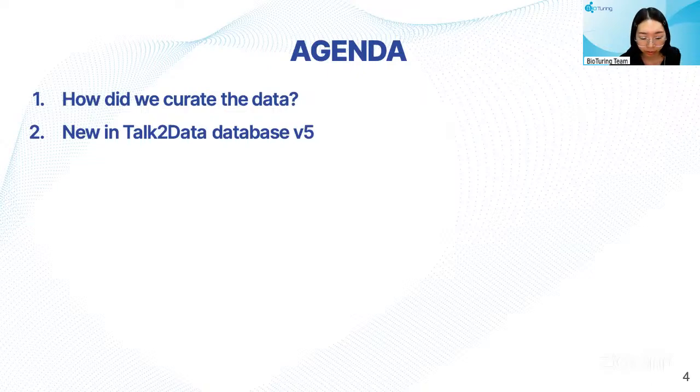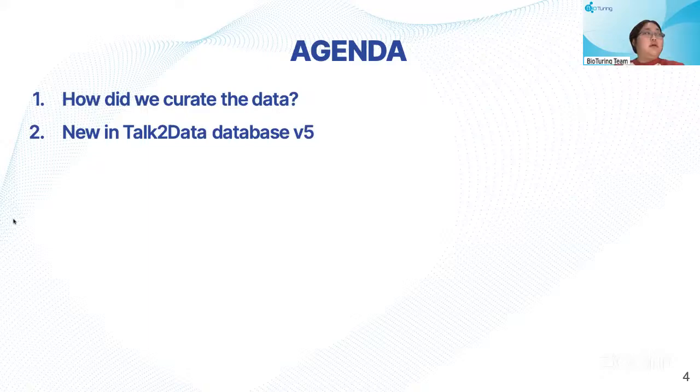Usually the process is that one of our users will send in a request for a data set curation, and then it goes through a couple of processes to standardize the ontologies, and some QC steps as well. Hazel will be able to cover that. In the next section, we'll talk about what's new in database version 5 and some of these standardized ontologies that you can see in version 5.